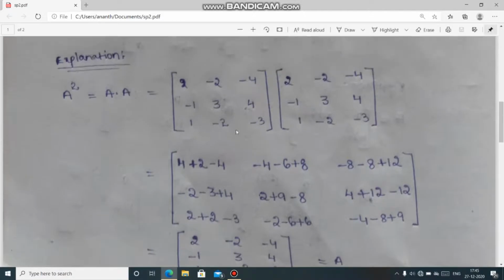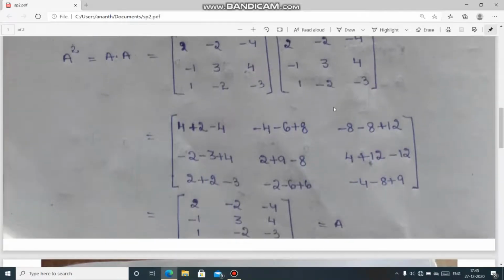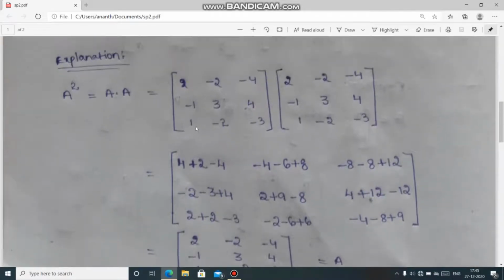And the third row multiplied with the second column, we get 1 into minus 2, minus 2, minus 2 into 3, minus 6, minus 3 into minus 2, plus 6. And finally this third row multiplied with the third column, we get 1 into minus 4, minus 4, minus 2 into 4, minus 8, minus 3 into minus 3, plus 9.